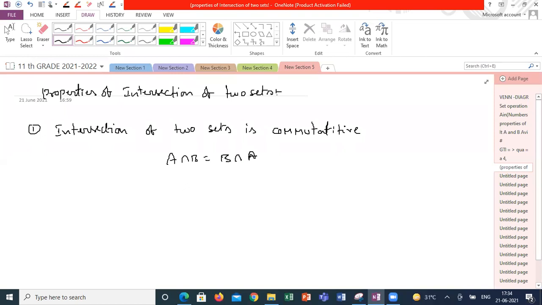The next one: intersection of three sets is associative.